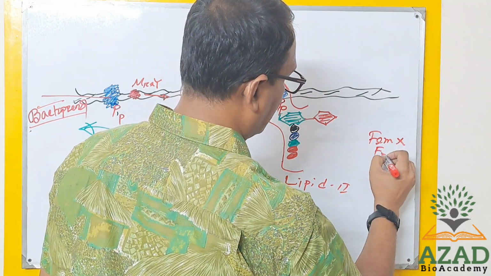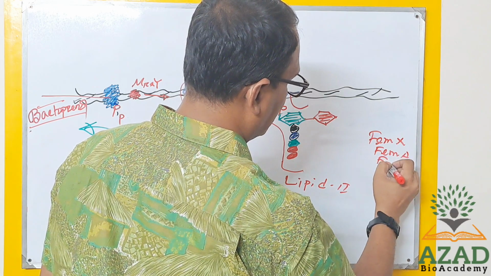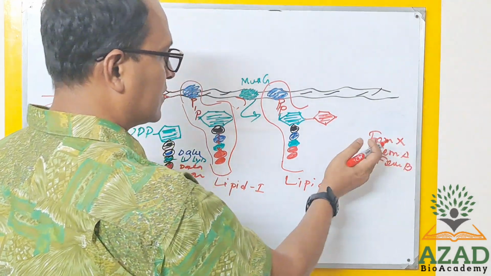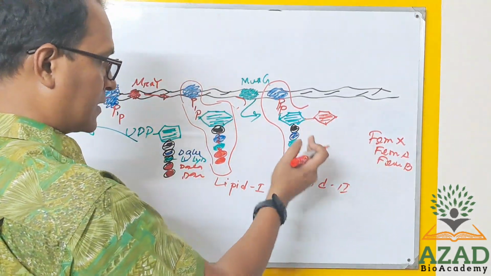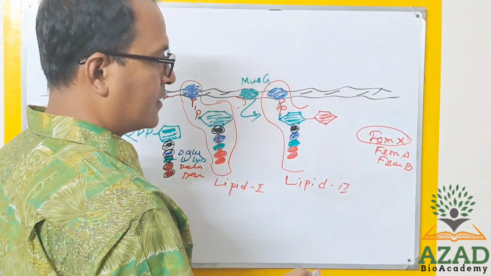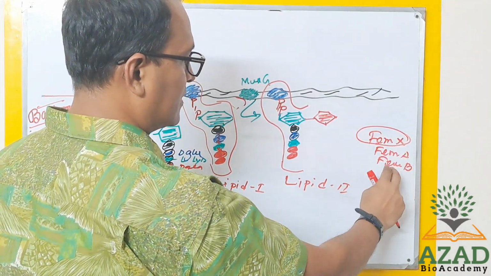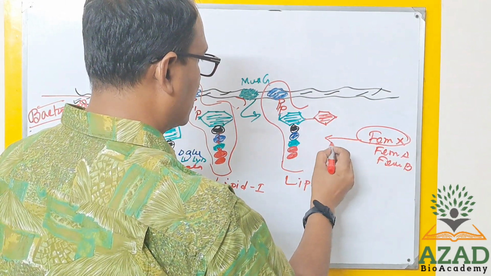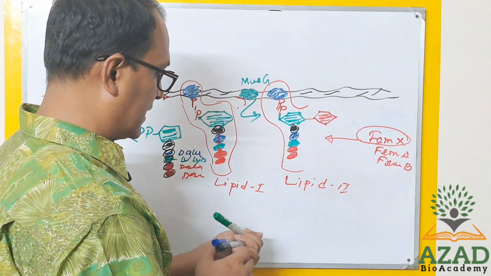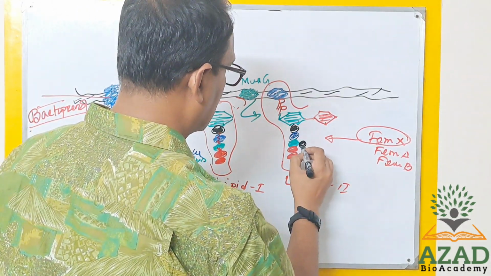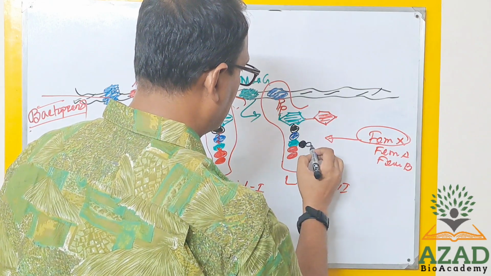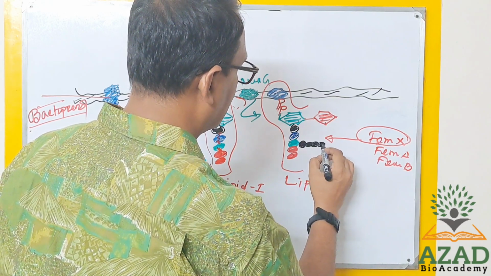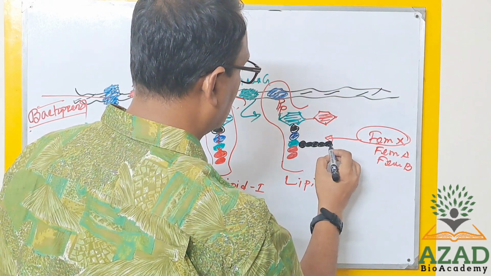FemX, FemA, FemB. The function of these enzymes is to add glycine. A single glycine will be added by FemX, then double glycine by FemA, then by FemB another two glycines.